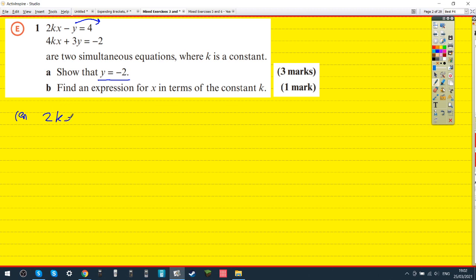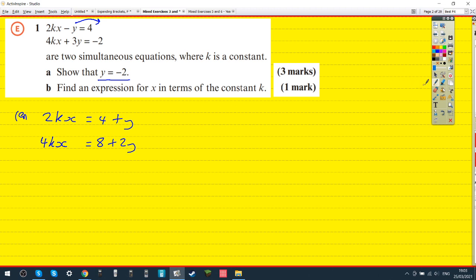Yeah, and then you minus 4 on both sides. That's the same thing. Oh no, would you divide by 2 on both sides? I would times by 2 on both sides. Okay. So did you get 4kx equals 8 plus 2y? Yeah.